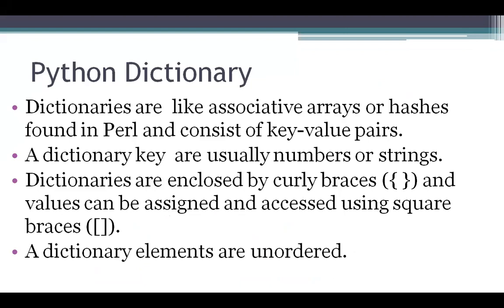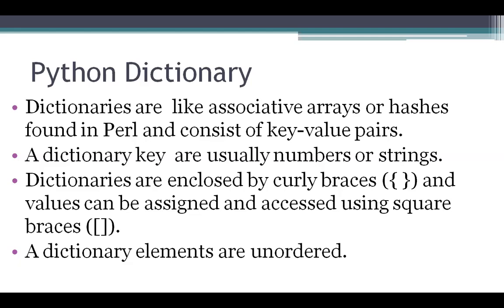So far you have seen parentheses and square brackets, but a dictionary's key and value pairs are enclosed in curly braces, and the key or the value can be accessed only with the help of square brackets.